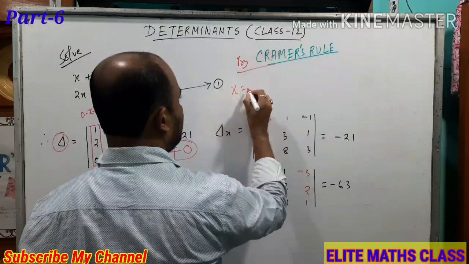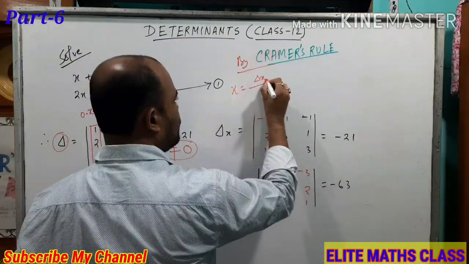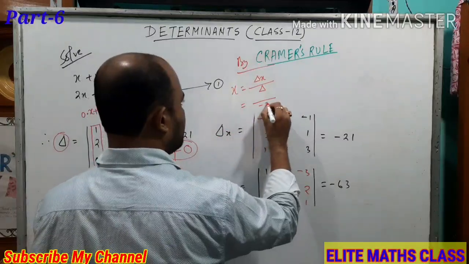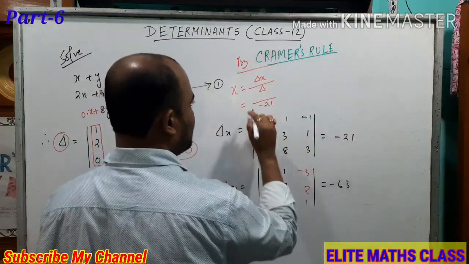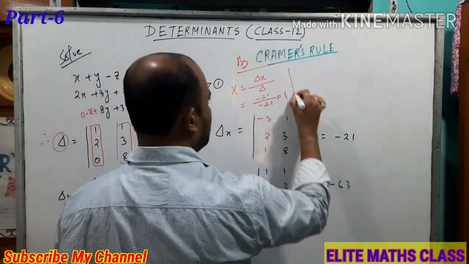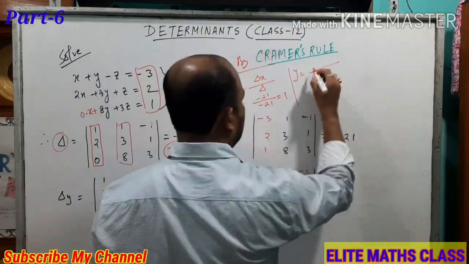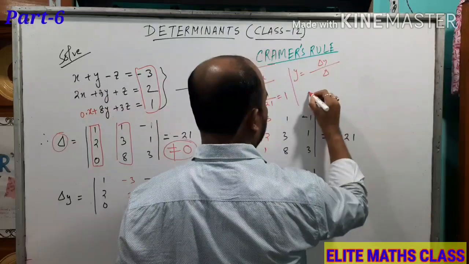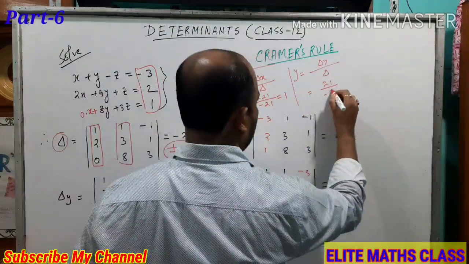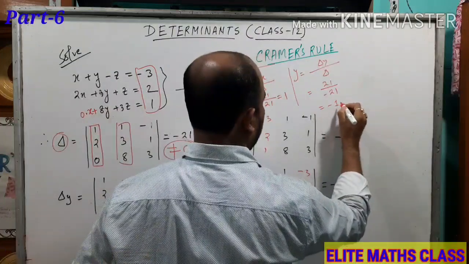So what will be the value of x? The value of x is del x by del. Now what is the value of del? Del is minus 21. What is the value of del x? It is also minus 21. So the value is 1. Now what will be y? Y will be del y by del. Del y is 21. 21 by minus 21 is minus 1.